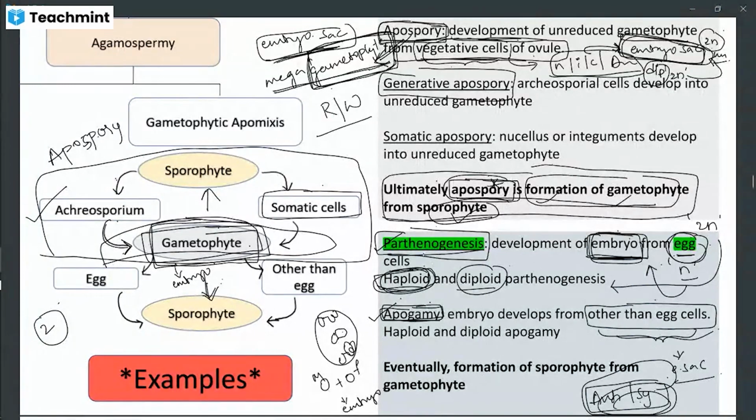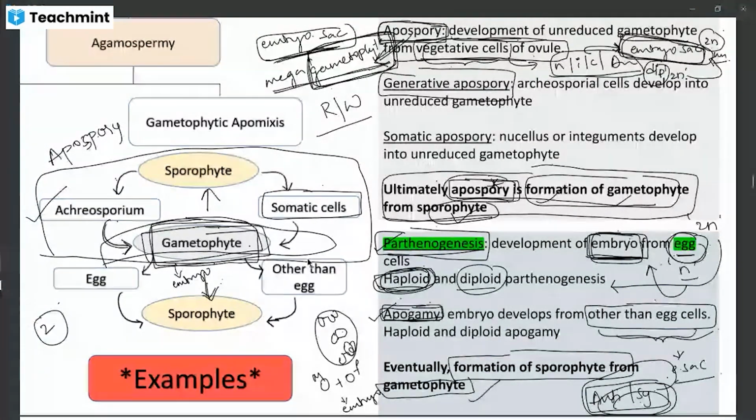Whereas in parthenogenesis or apogamy, it is the formation of the sporophyte from the gametophyte. Apospory forms gametophyte from the sporophyte, whereas parthenogenesis and apogamy form sporophyte from the gametophyte. Is it clear? Hope it is clear for everyone.